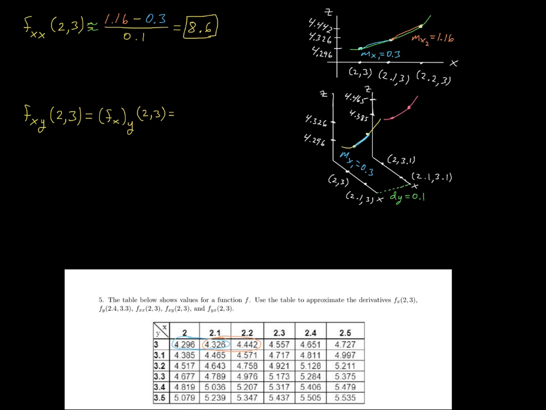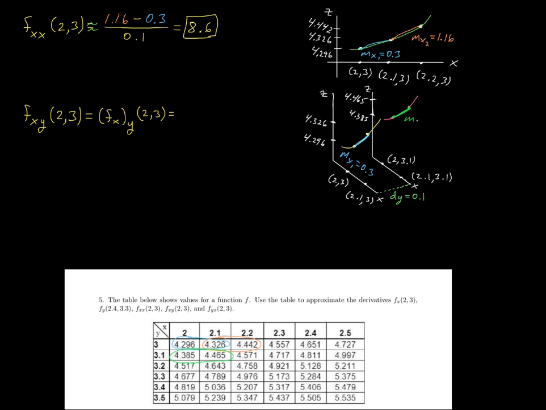But now what we're going to do is take a step forward, not in the x direction like we did here, but in the y direction, because we're seeing how my x slopes change as I move in the positive y direction. So that's going to look like this. It's going to consider these two now. If I take a step over and look at these z heights, the 4.385 and the 4.465, what is this slope going to be?